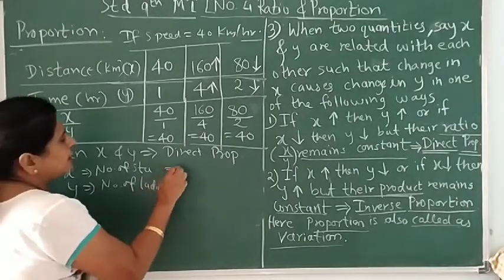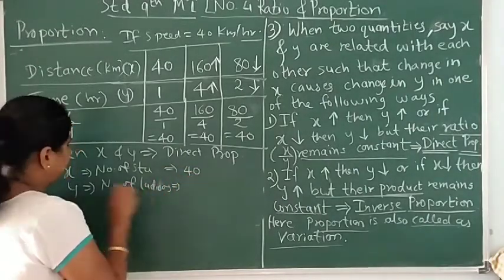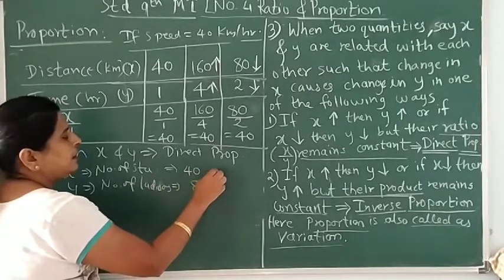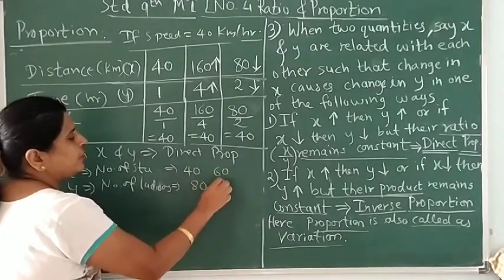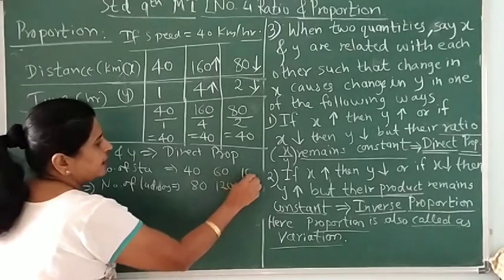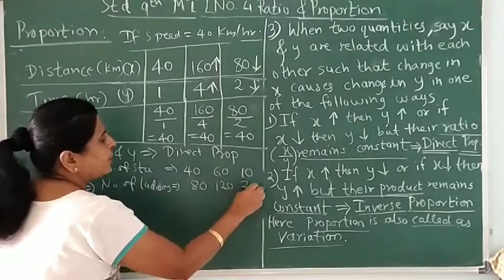If there are 40 students, we require 80 laddus. If there are 60 children, we require 120 laddus. If there are 10 children, we will require 20 laddus.